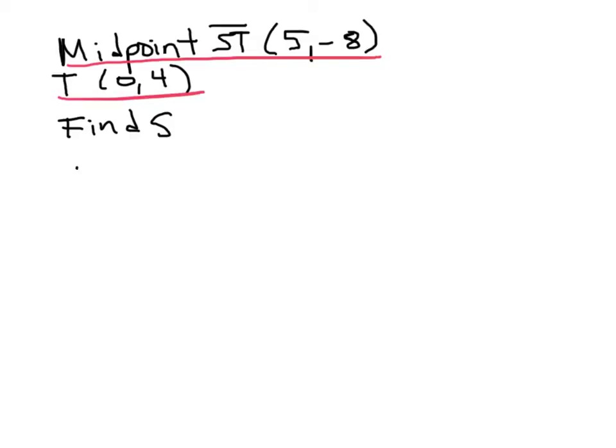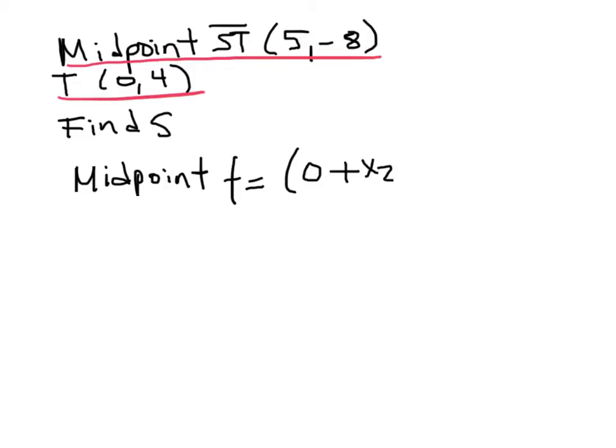We say the midpoint formula is x1, but I'll substitute x1 for 0. So I will put here 0 plus x2 is equal to 5, because that's what they're telling me here. Are you with me?